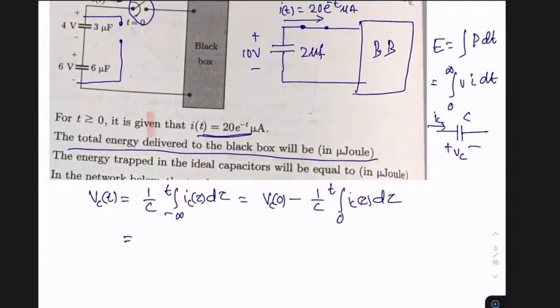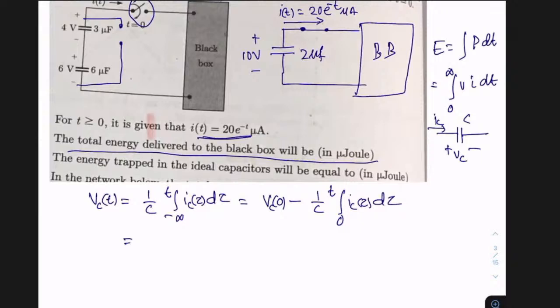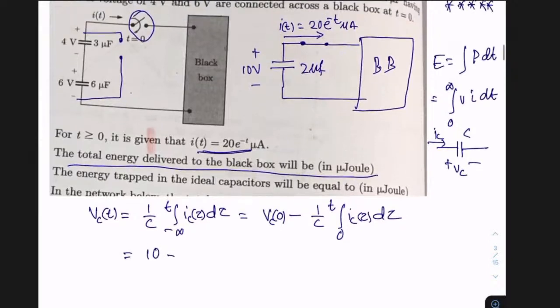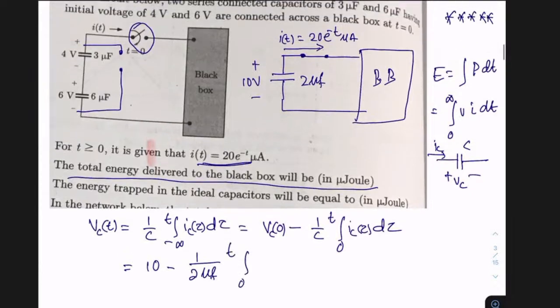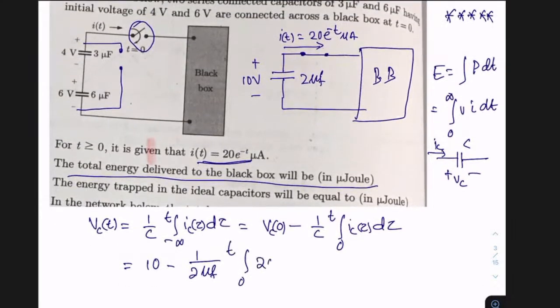Now if I simplify this, your VC(0) is 10. This is 10 minus 1 by C, so 1 by 2 microfarad, with limit 0 to t, of 20 into e raised to power minus t dt. There is no point writing microfarad here because the current is also in micro, so micro will be cancelled out.